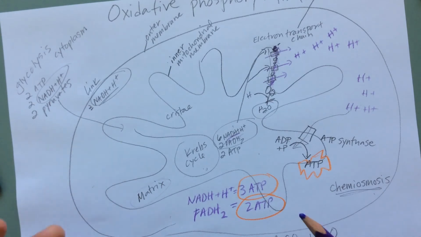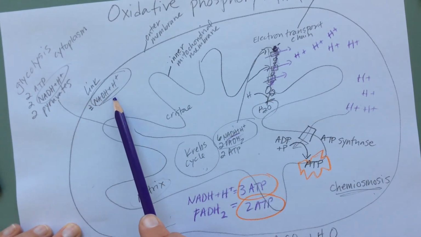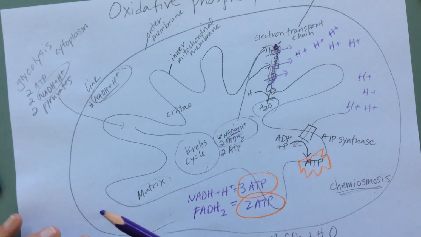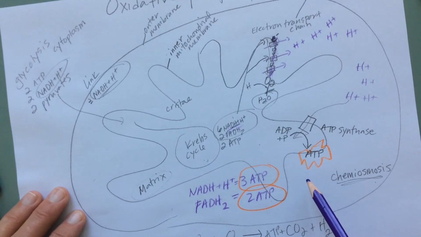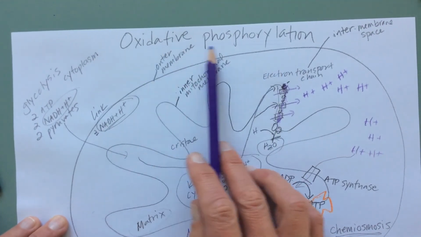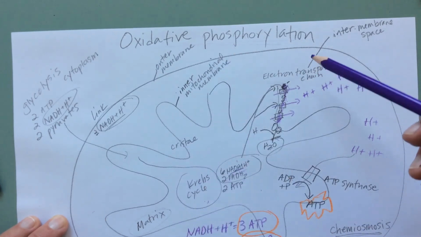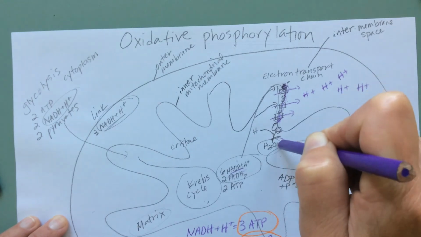We say 32 or 34 because sometimes the link reaction might pick up an FADH instead of the NADH, so it can vary a little bit. But that's why we get so much ATP out of this process, okay? And the whole thing is called oxidative phosphorylation because oxygen is driving that electron transport chain, the movement of those electrons.